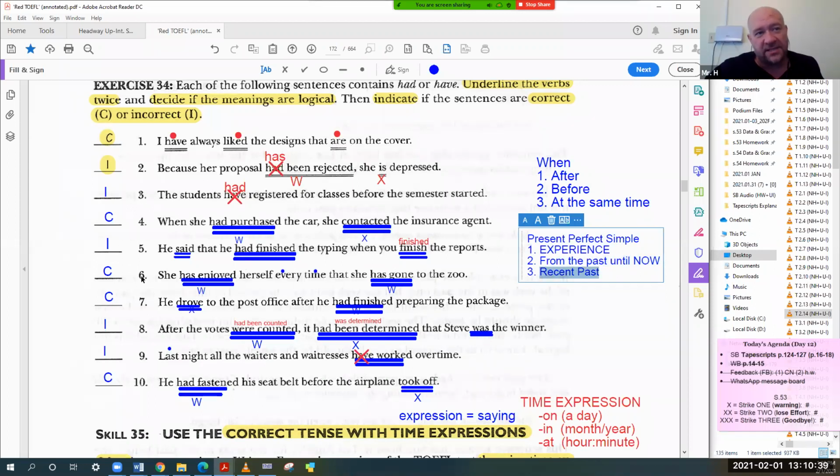What is this case? It's an experience. Yes. And gone to the zoo is another experience. But do these experiences happen step by step, or do they happen together?